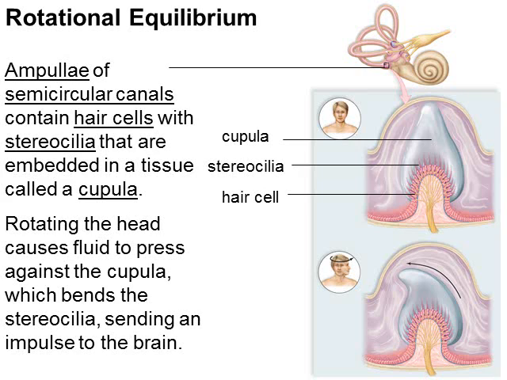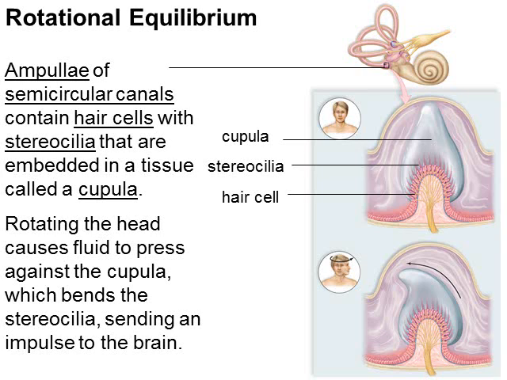Rotational equilibrium, that is when we say no. The ampullae of our semicircular canals, we're looking at the middle ear here. They're semicircular, they're twisting all over the place. They have hair cells with stereocilia, so they're tiny hairs, and they're embedded in this jelly-like cupula.